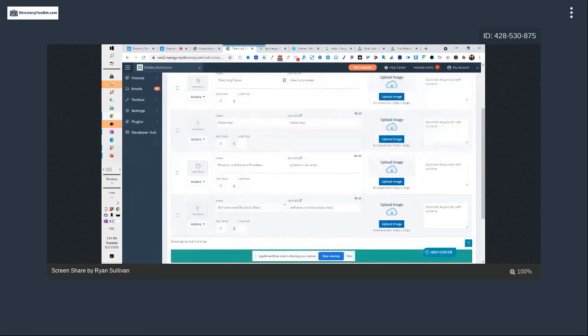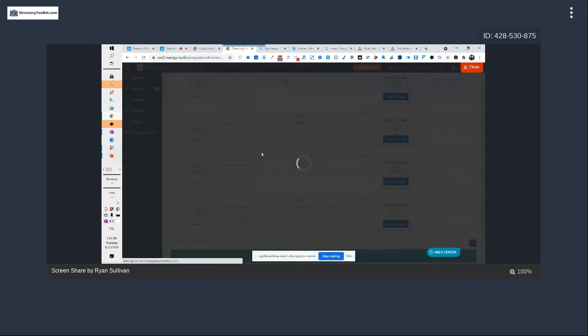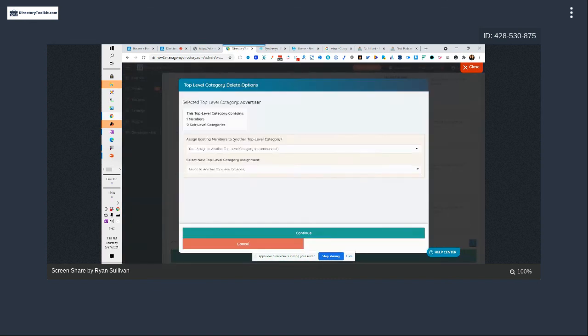Right. So let me go ahead and show you as an example. Let's say I want to delete this one. It'll actually come up here and tell you, like Toby said, and this is fairly new. It allows you to move them. So let's say I was deleting that advertiser one. It says assign existing members to another category, and then say yes, or you could just delete it and ignore that.